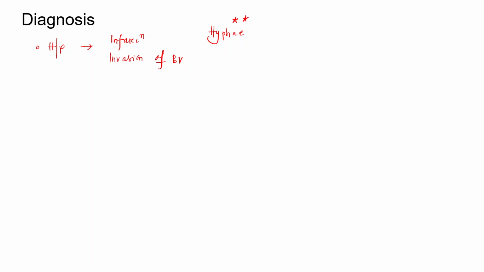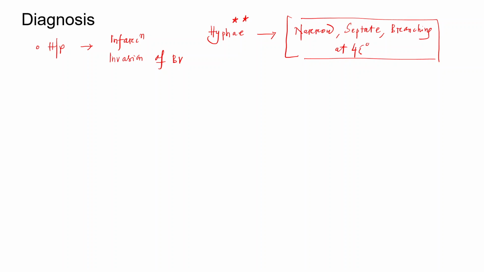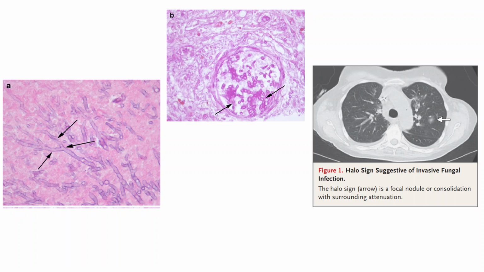This is important: the Aspergillus fungal hyphae are narrow, septate, and branching at 45 degrees. This point is important. If you see this image here, you can see the narrow septate hyphae with branching at 45 degrees. This is Aspergillus. This image is showing angioinvasion.